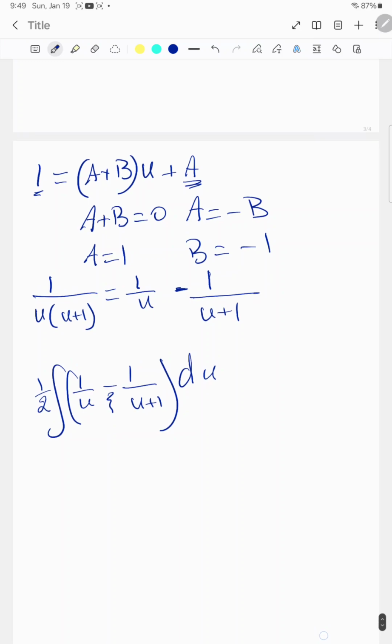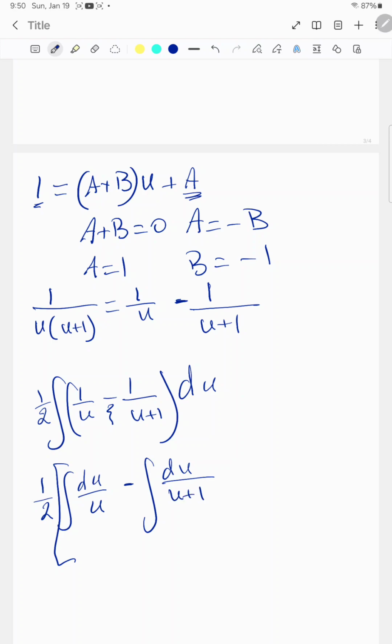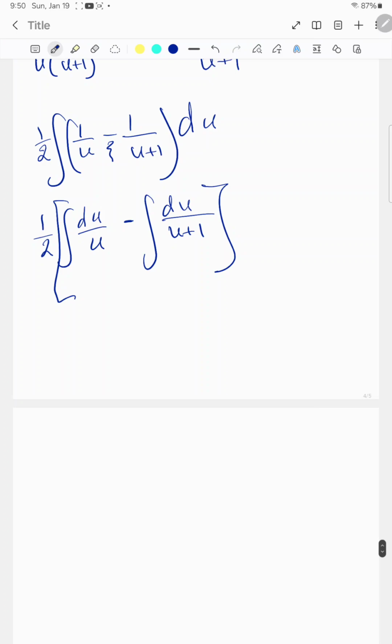Because of that minus, I can split my integral into two integrals. It becomes 1/2 integral of du divided by u, and the 1/2 is for both of them, minus the integral of du divided by (u plus 1). And that's easy to solve. I know it's a formula.